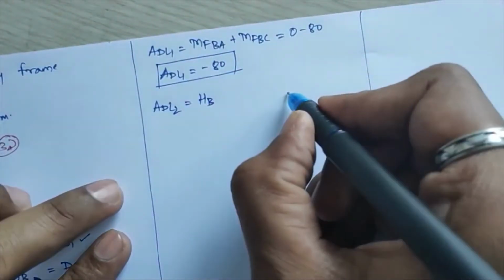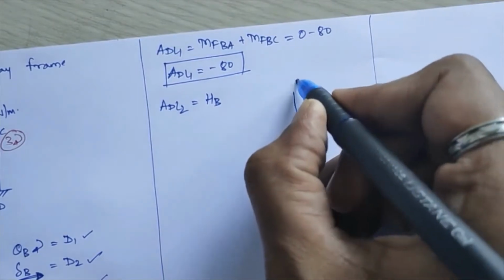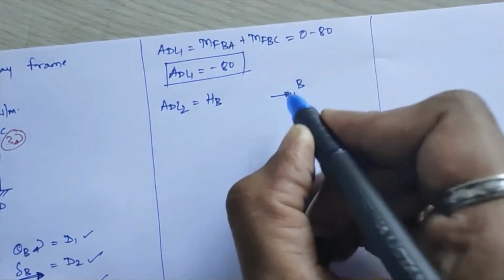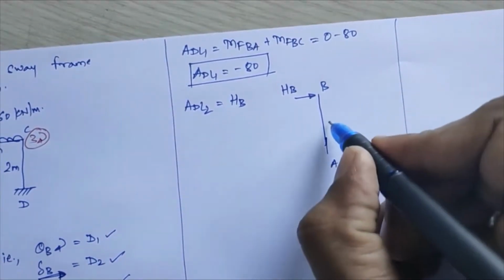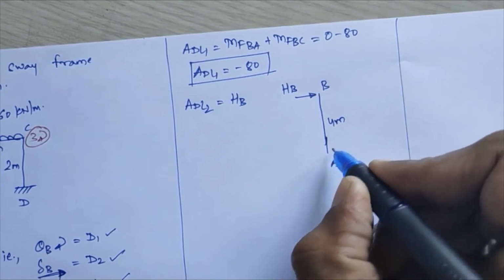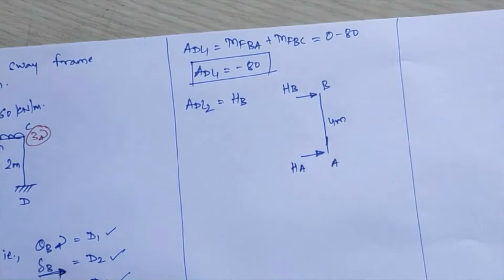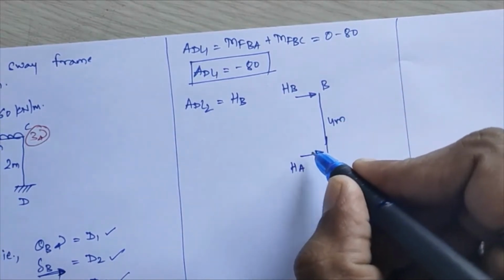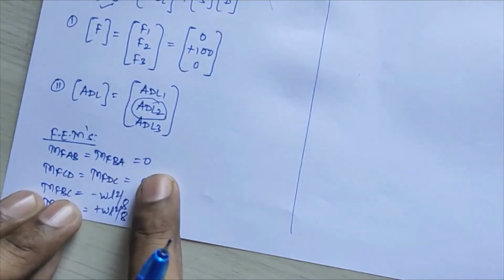Suppose this is your member AB, and here you have this horizontal thrust HB, and the length of this is 4. Along with that, at joint A you will have HA. And along with that you will have the friction moment at A and the friction moment at B. But MFAB and MFBA are both 0 over there.